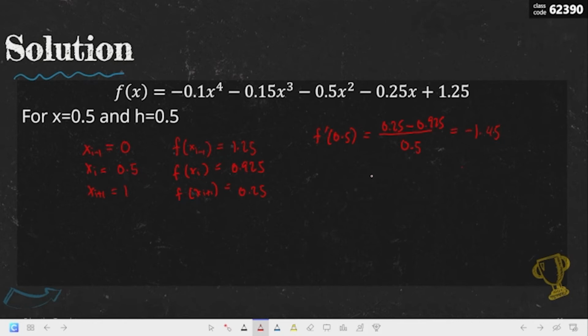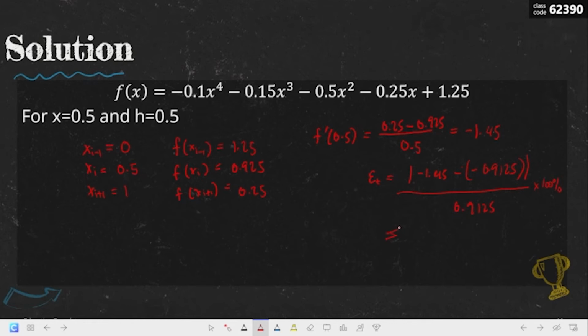To calculate the true error, we take the absolute value of negative 1.45 minus the true value of negative 0.9125, divided by negative 0.9125, times 100%.